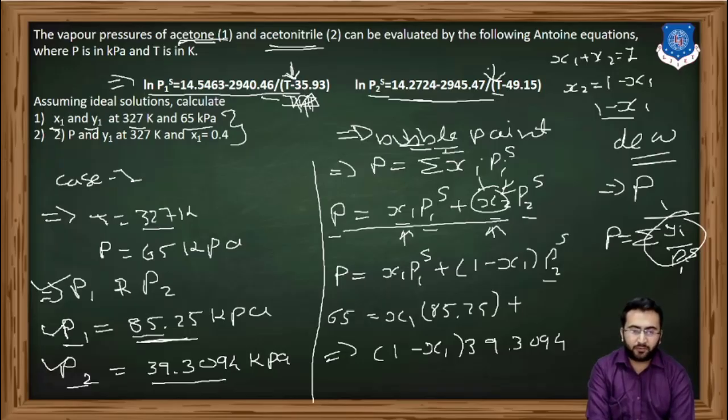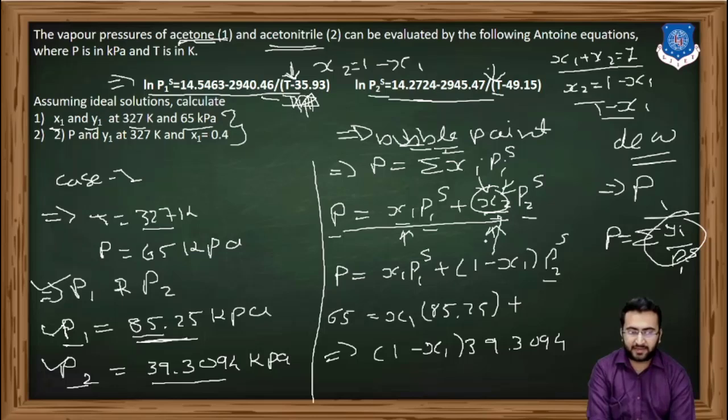So we have to replace this second unknown variable with a known variable. We can easily replace this x2 with 1 minus x1, because x1 plus x2 is equal to 1, so x2 is equal to 1 minus x1.